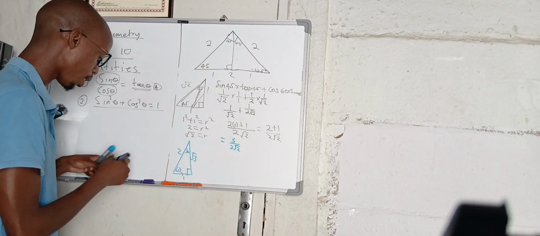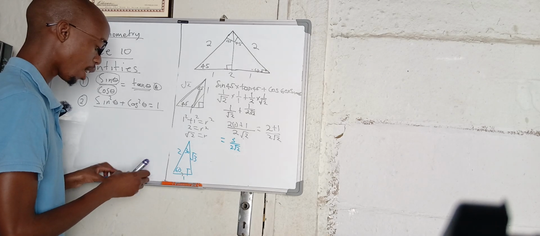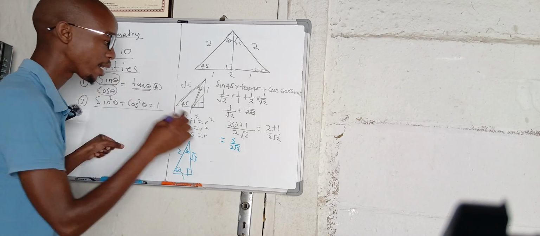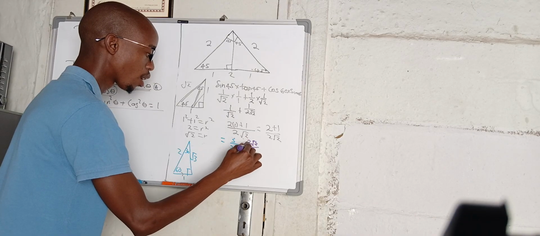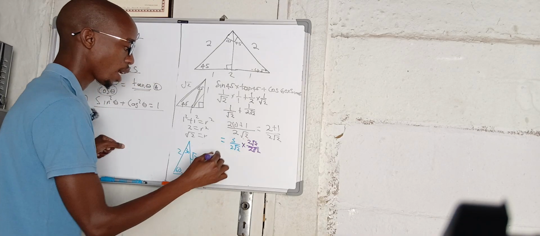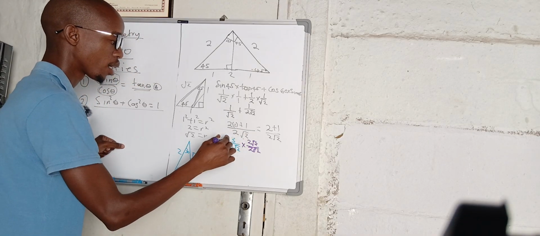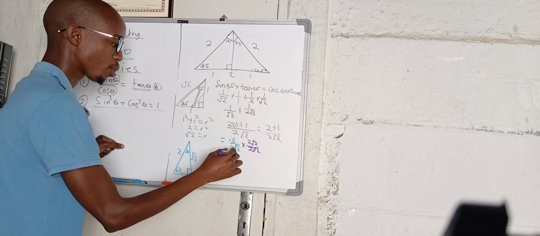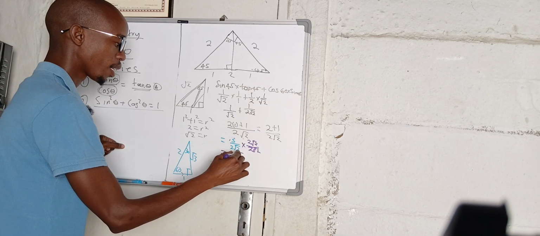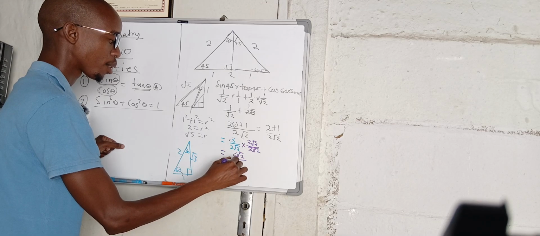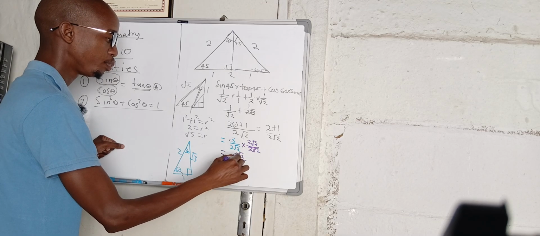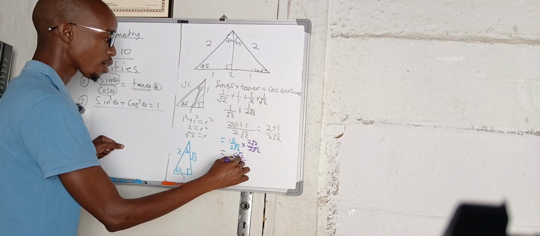I'm going to use a different color to show what the calculator is going to do such that we can catch you. It's going to multiply by 2 root 2 all over 2 root 2. Right? So remember, this is 1. We're going to say 3 multiplied by 2 root 2 is going to give us 6 root 2 all over, we'll have 4 multiplied by root 2 multiplied by root 2. And it's going to give us a 2.